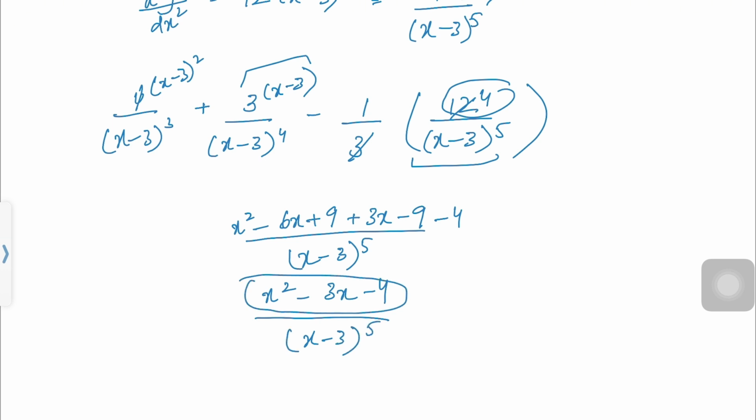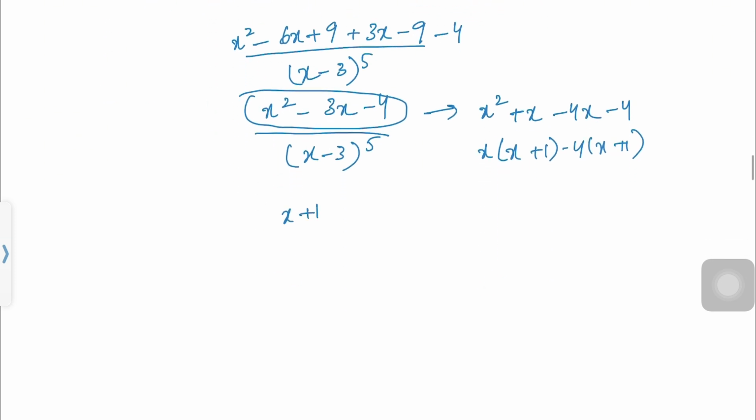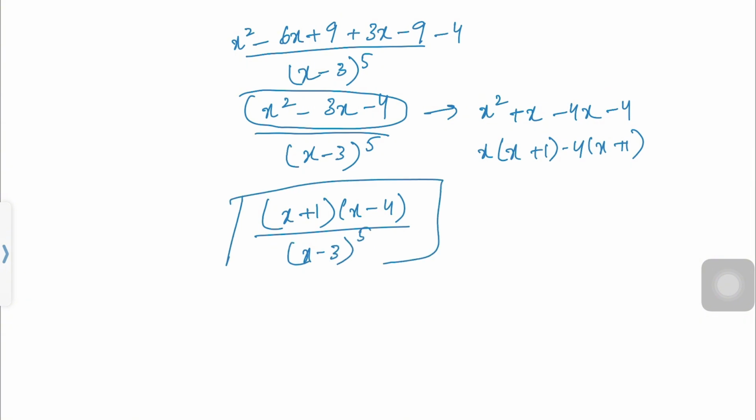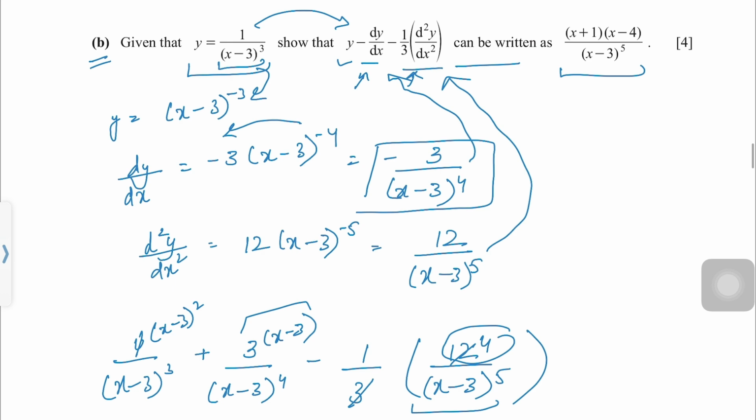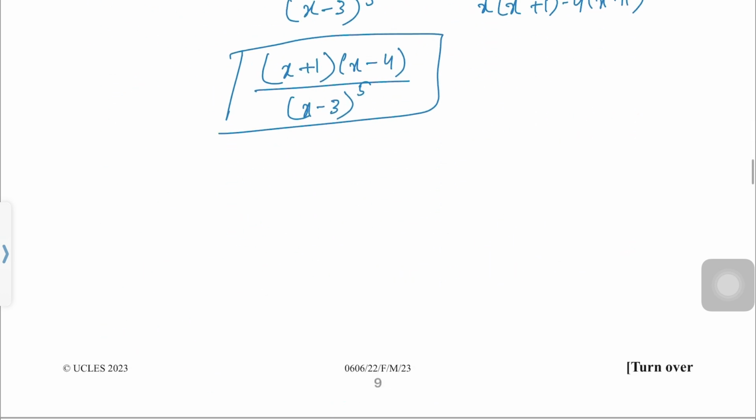By solving this numerator, we will get x squared, then the factors would be negative 4x and positive x. So this would be x into (x plus 1) minus 4 into (x plus 1). So this would be (x plus 1)(x minus 4) over (x minus 3) to the power 5. So this would be our final answer, and this was given. So this is proved.